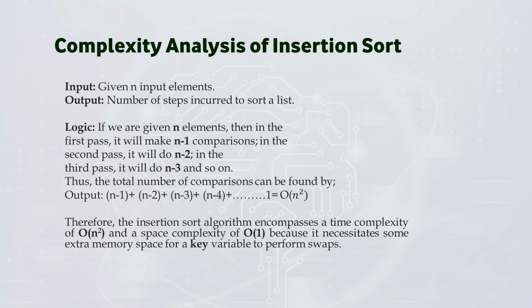If we add them, we get the order of n square. Therefore, the insertion sort algorithm has a time complexity of big O of n square and a space complexity of big O of 1, because it needs some extra memory space for a key variable to perform the swap operation.